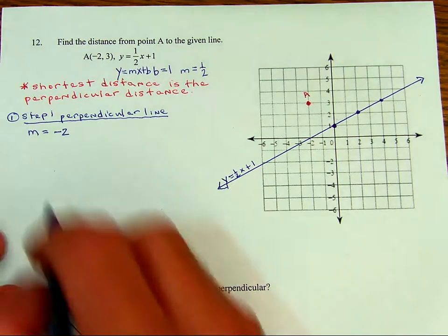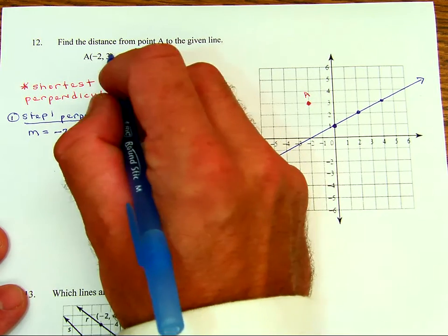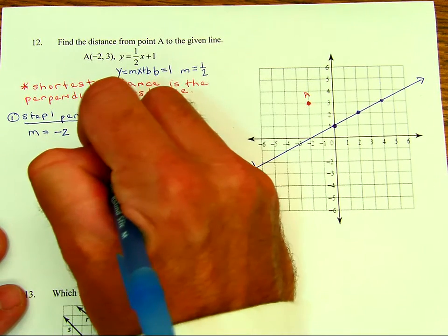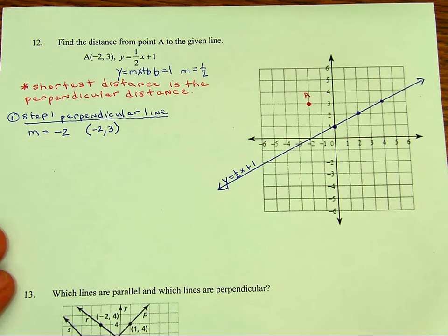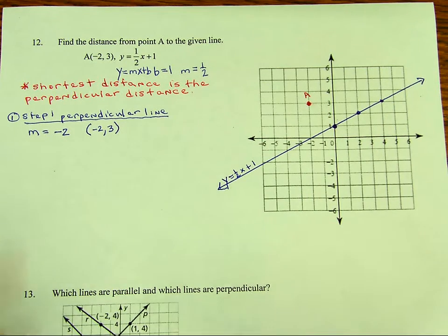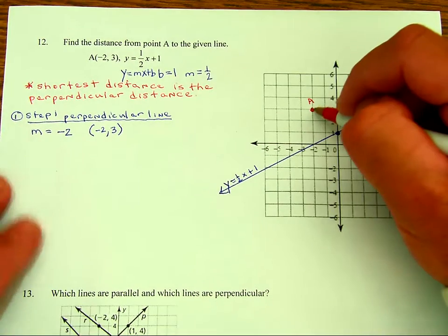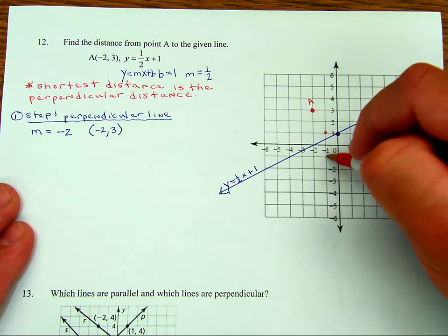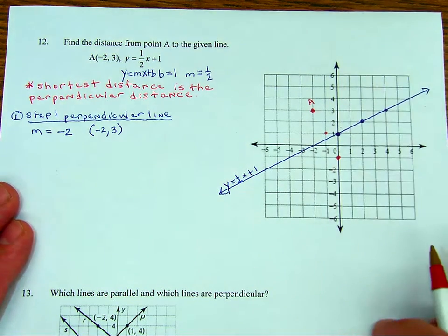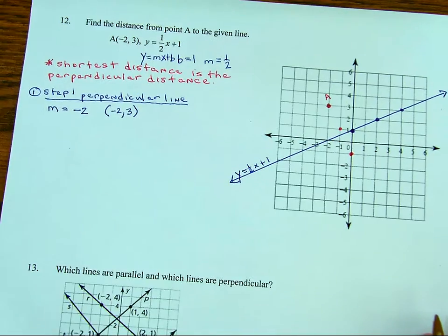Okay, so now I have a slope. I know that it passes through the point negative 2, 3. And so if I just apply this slope, down 2, right 1, down 2, right 1, I could get an idea of what the line is going to look like.